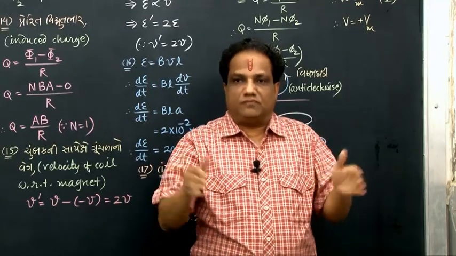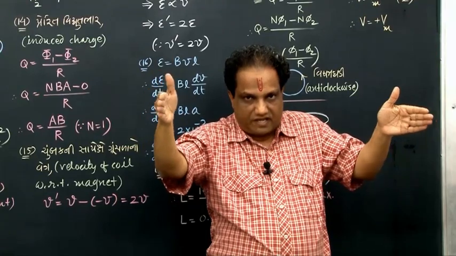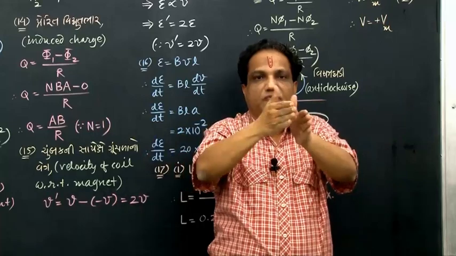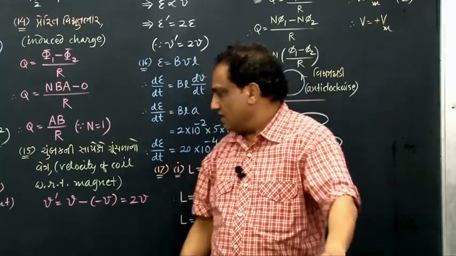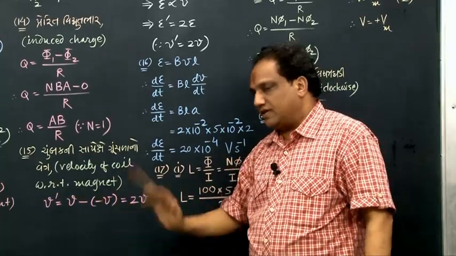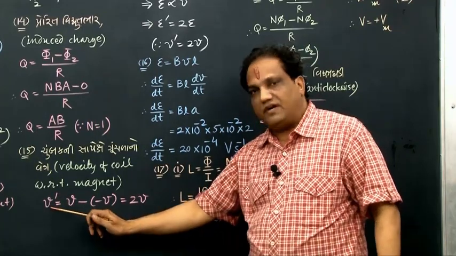So now the distance between the coil and the magnet will be decreasing at double the rate, because the relative velocity between the two has become doubled. How? I am showing you. Velocity of coil with respect to magnet, let it be V dash.